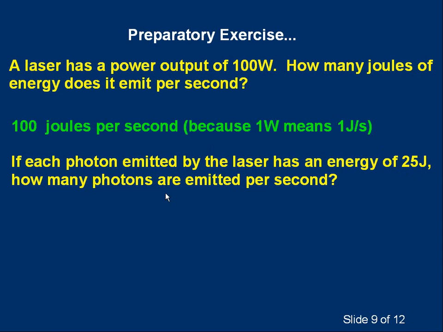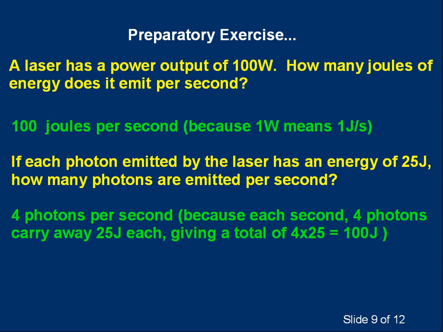Pause, think about it. I hope you realise it's 4. Why is it 4? If 4 photons are produced each second, they will carry away 25 joules each. So we're carrying away 4 lots of 25, 100 joules of energy each second.